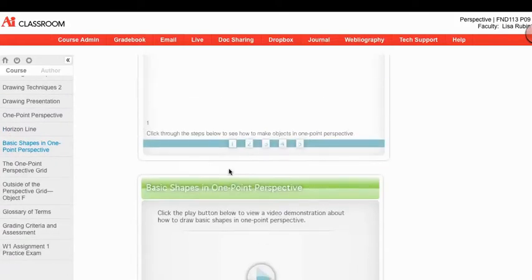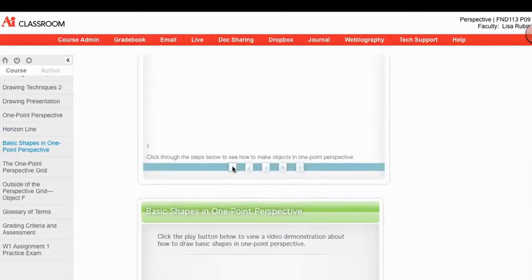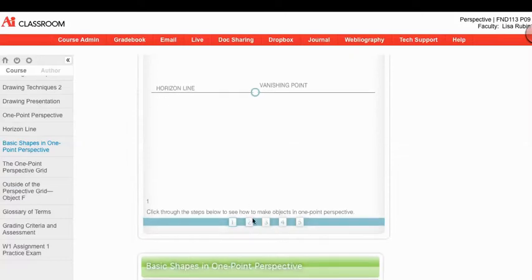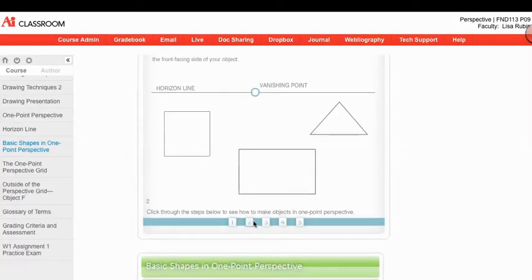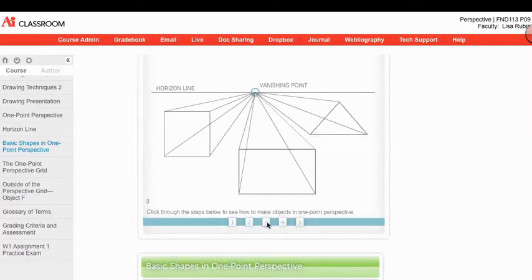Object F is you don't want your shapes to overlap. Okay, so you want to think about where your footprint is for your shapes. So none of these shapes in real life would overlap one another.